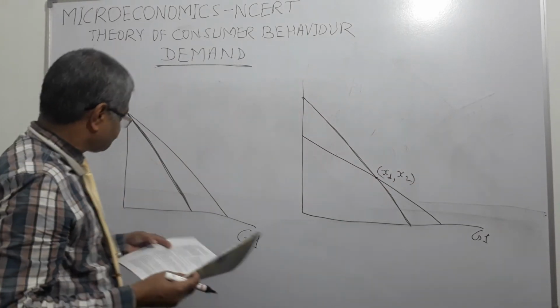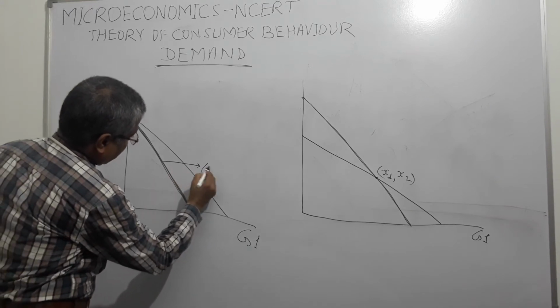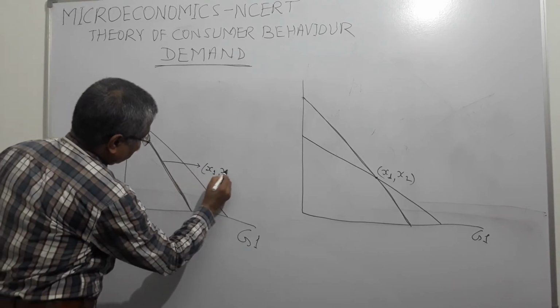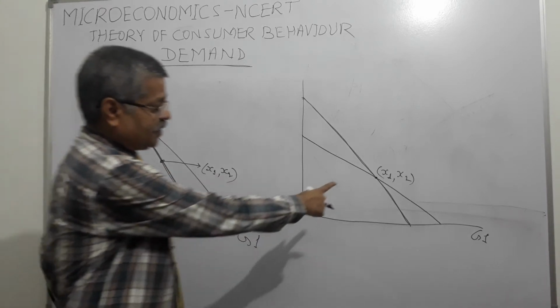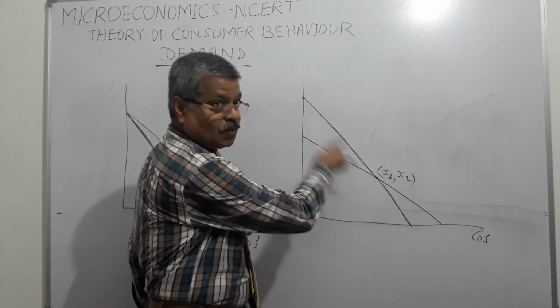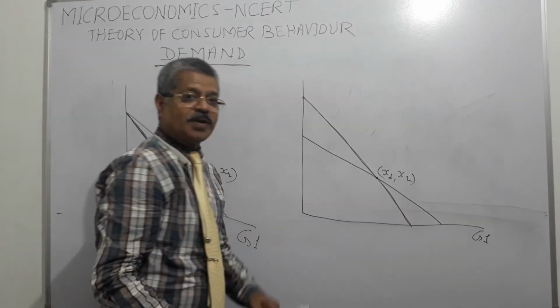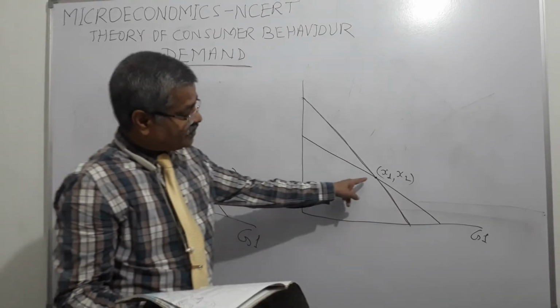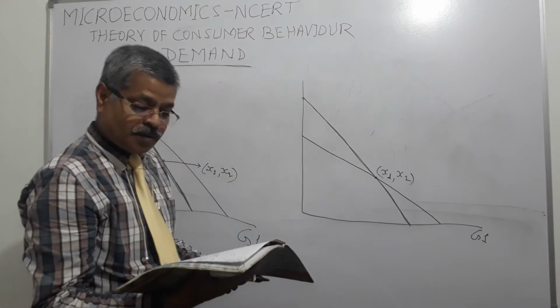Now this is X1, X2, this point, right? Here also the new shifted budget line cuts the original budget line, previous to the income adjustment, at X1, X2. Why does it cut this previous budget line at X1, X2?